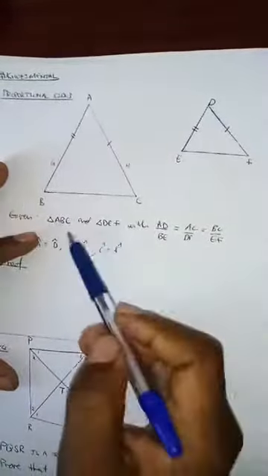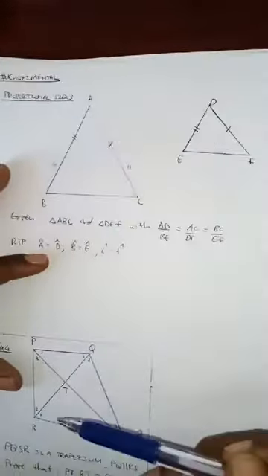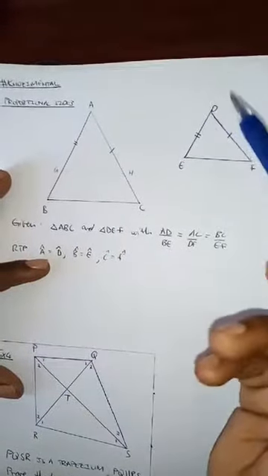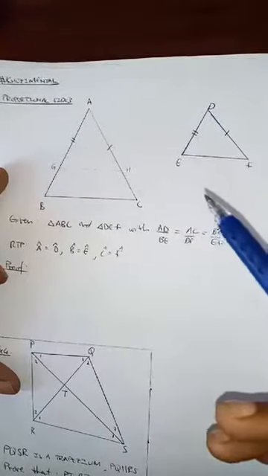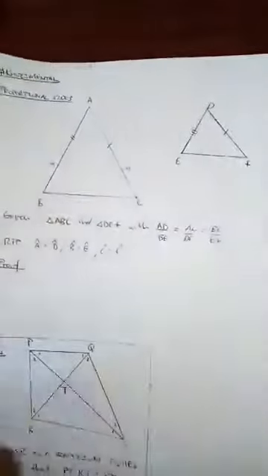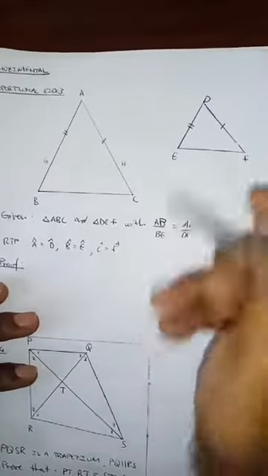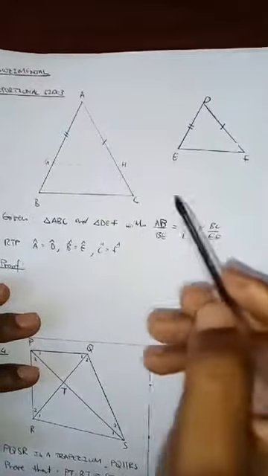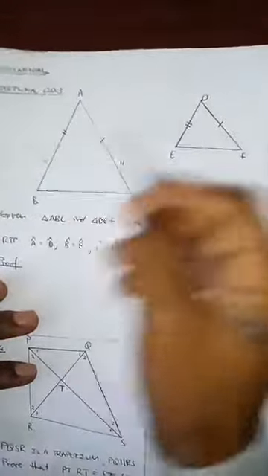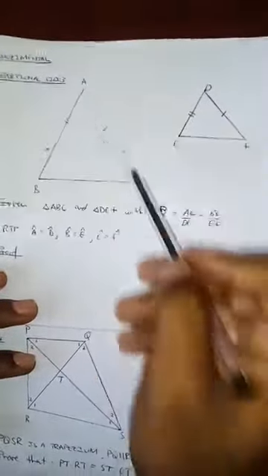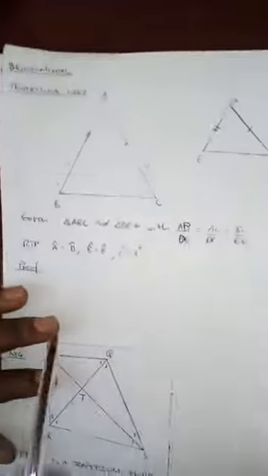If you are given a triangle ABC and another triangle DEF, I think I made a mistake here. AB all over DE should be equal to AC all over DF, which should be equal to BC all over EF. So this is a given.